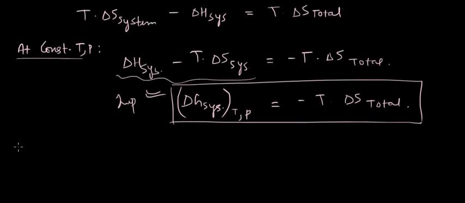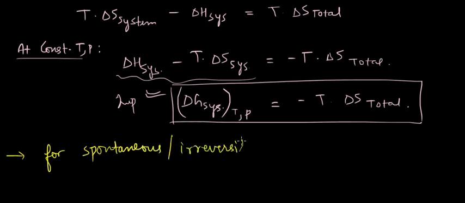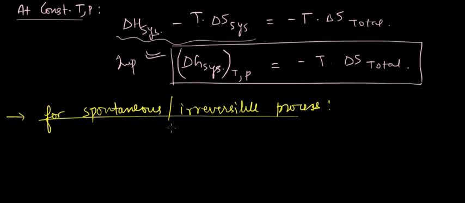Okay, so now for a spontaneous or irreversible process, we can write that delta G of system at a particular temperature and pressure would always be negative.